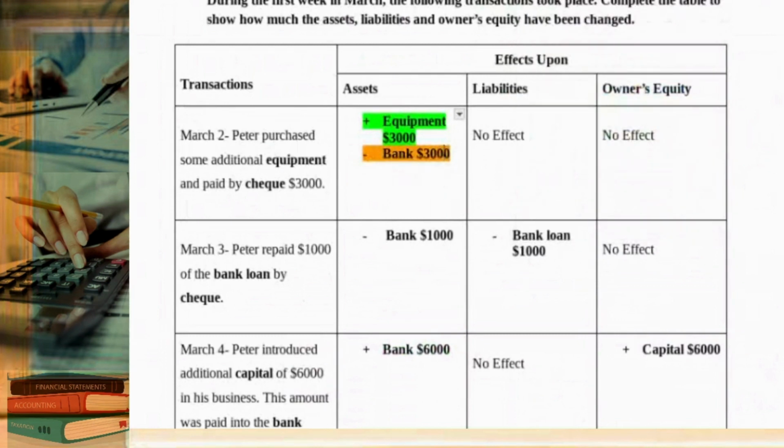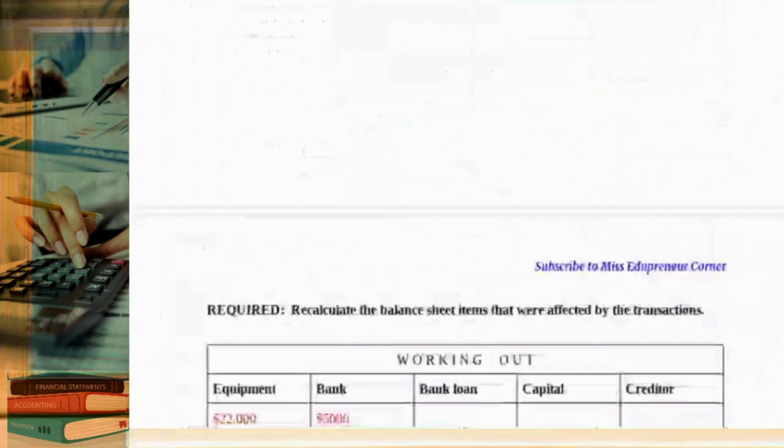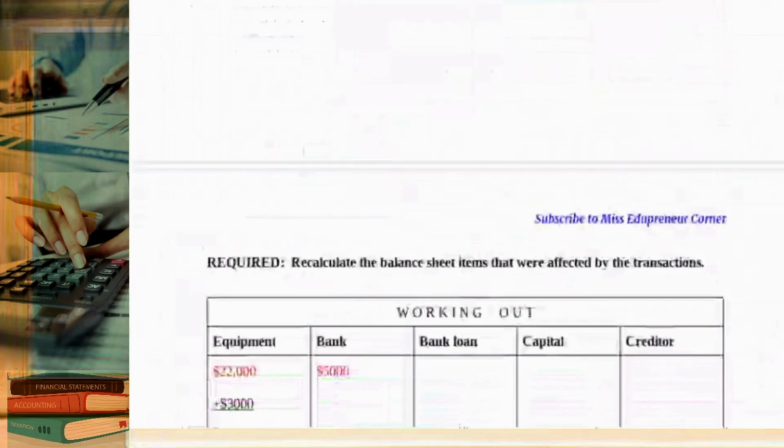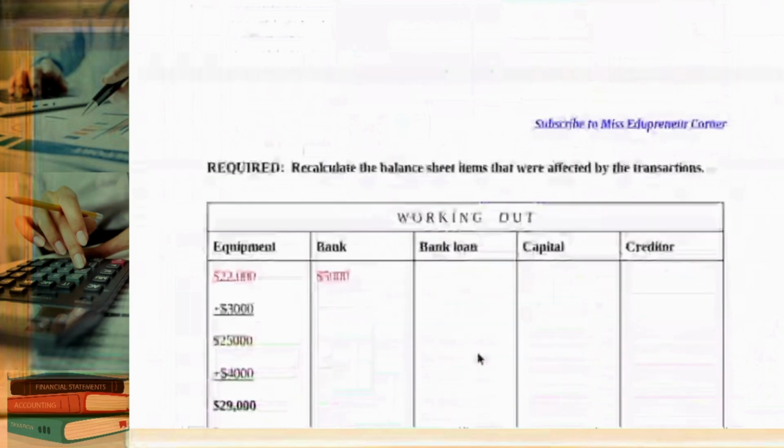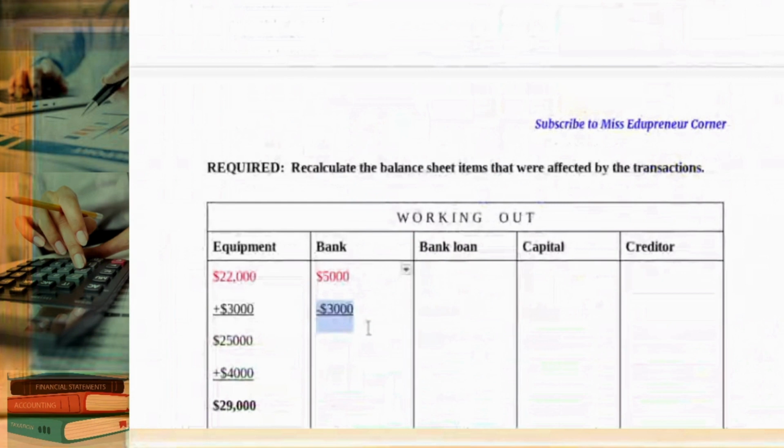So we're going to minus or subtract this $3,000 from the $5,000 that was originally there. So $3,000 from $5,000 leaves us with $2,000.